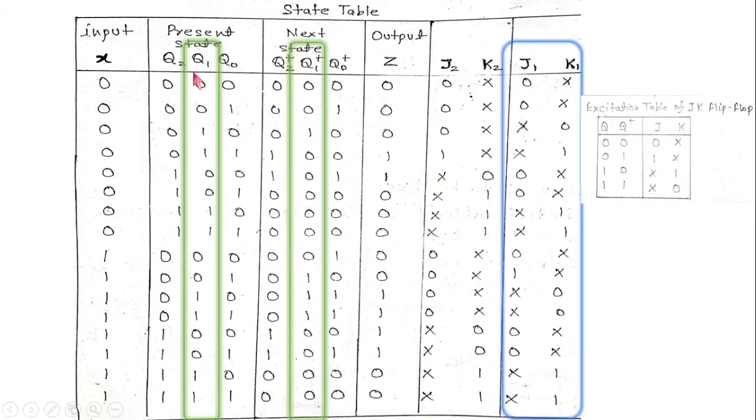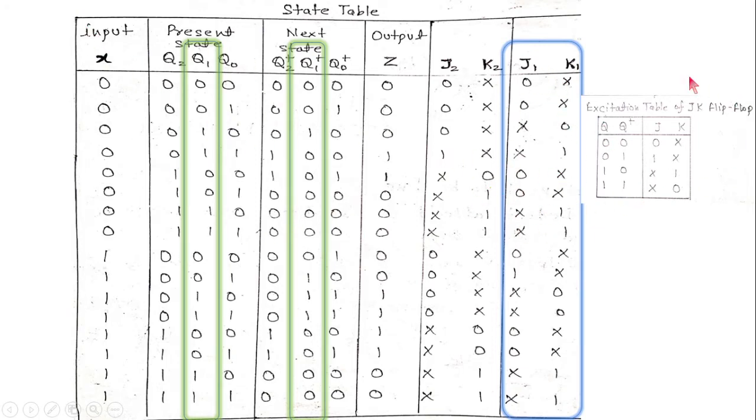Now come to the Q1 and Q1 plus, present state of Q1 and next state of Q1. So J1 and K1, again 0 0 0x, 0 0 0x, 1 1 x0 1 0, x1 0 0 0 x. From where are we filling this?